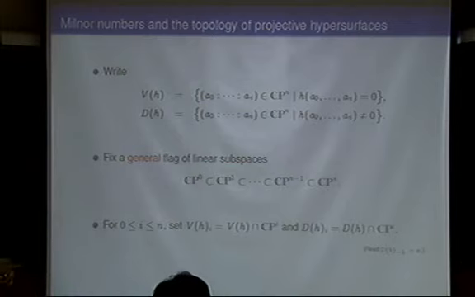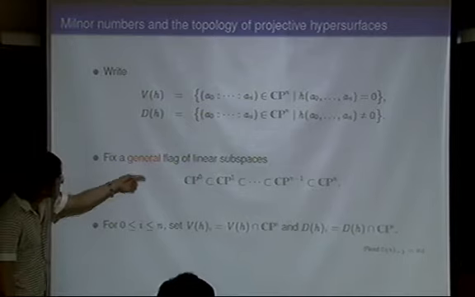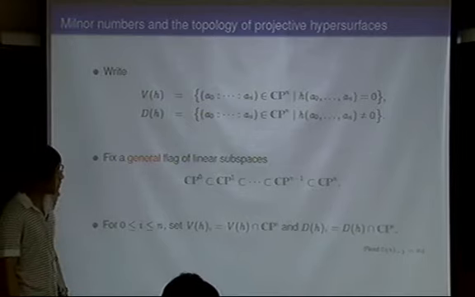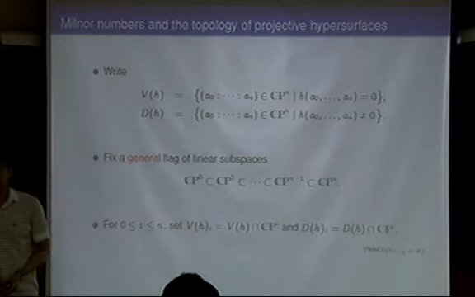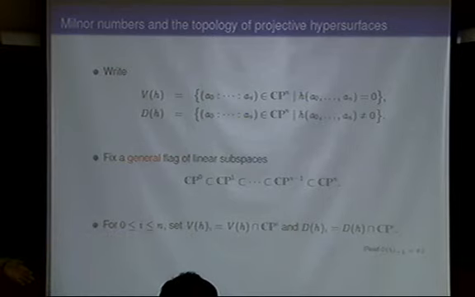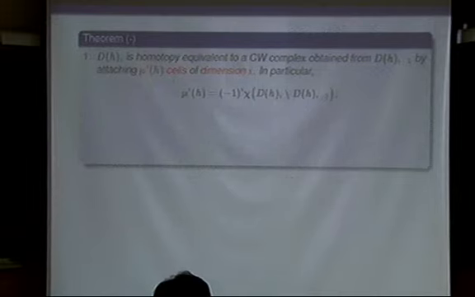Also, I'll fix a sufficiently general flag of linear subspaces P_0, P_1, up to P_n. And then, according to this fixed general flag, I'll write V_H^i for the i-dimensional general section of V_H, and D_H^i for the ith section of D_H. With this terminology, we have the following theorem.